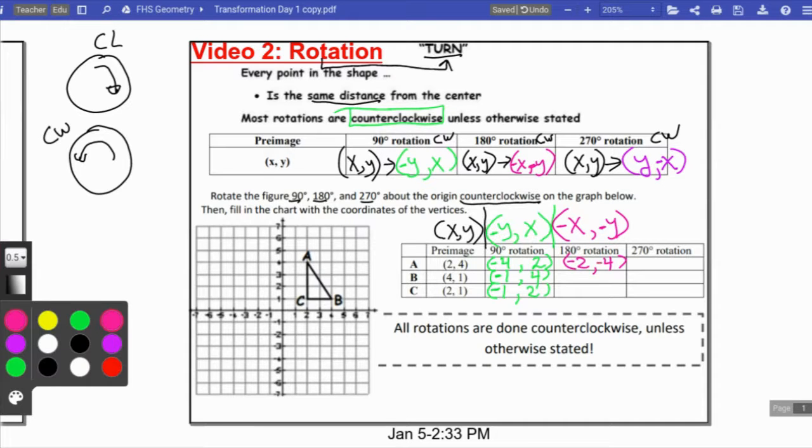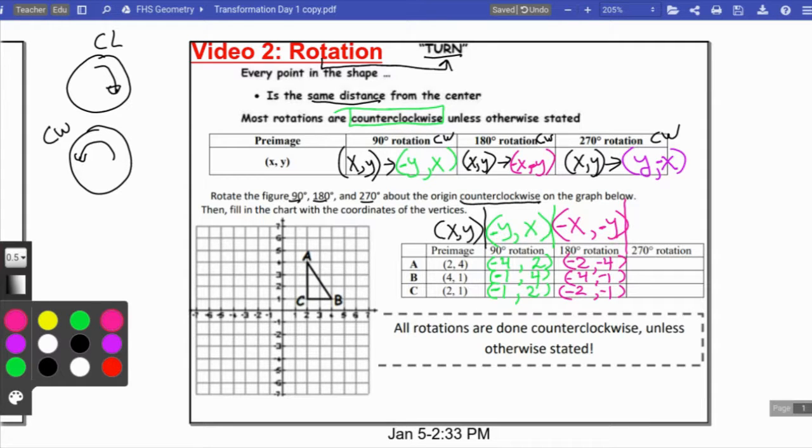The next one, don't switch the position, make them both negative. And the next, don't switch them, make them both negative. Good. We're killing it right now.